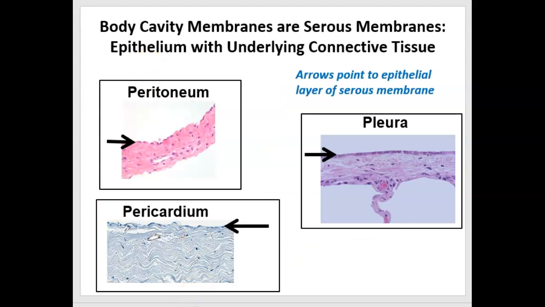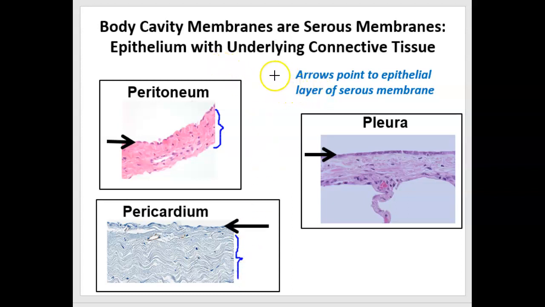So I wanted to give you an actual picture of the pericardium, the peritoneum, and the pleura, and tell you that not only is there epithelial tissue there, but there's connective tissue underlying it. So epithelial tissue, as I mentioned, is a little bit delicate, and the connective tissue is a little stronger. So the connective tissue is always found underneath the epithelium.